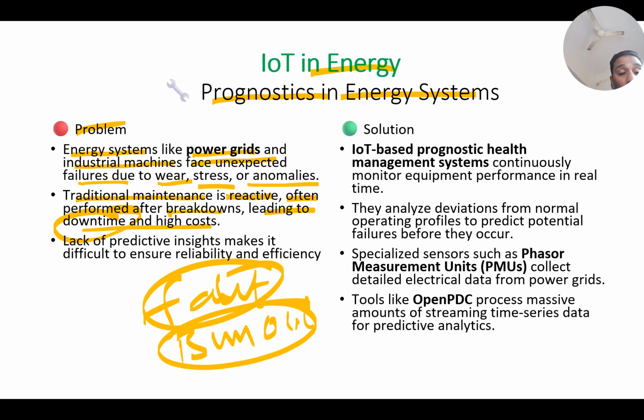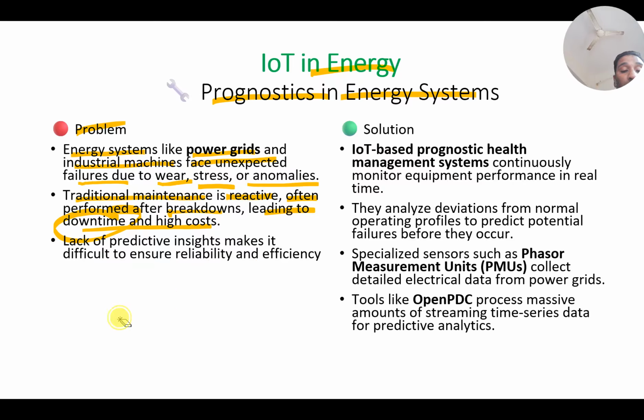Downtime increases in most of the areas, power cuts. Breakdown, to keep it in simple words, means the state of not working. So lack of predictive insights makes it difficult to ensure reliability and stability.